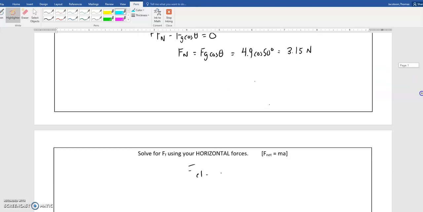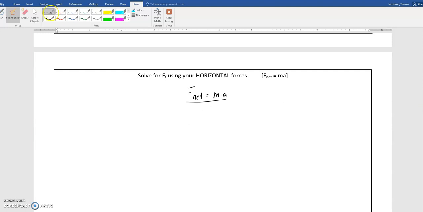I'm going to go ahead and assign the direction down the track to be positive. So what that means is Fg sine theta, which points down the track, is going to be my positive direction, and friction tries to push the opposite way. It's trying to prevent movement.